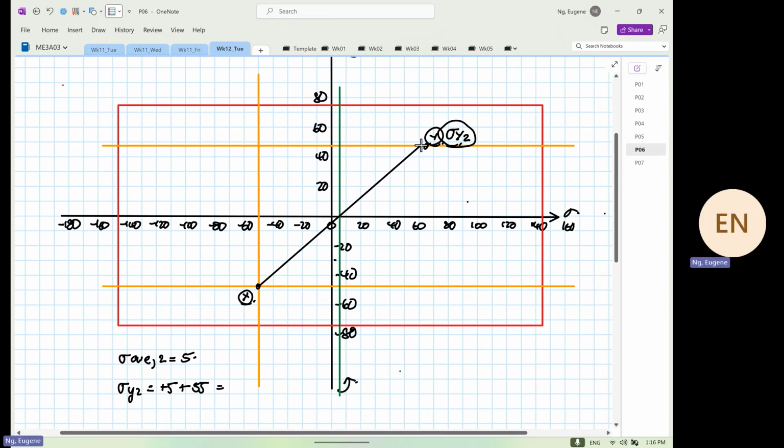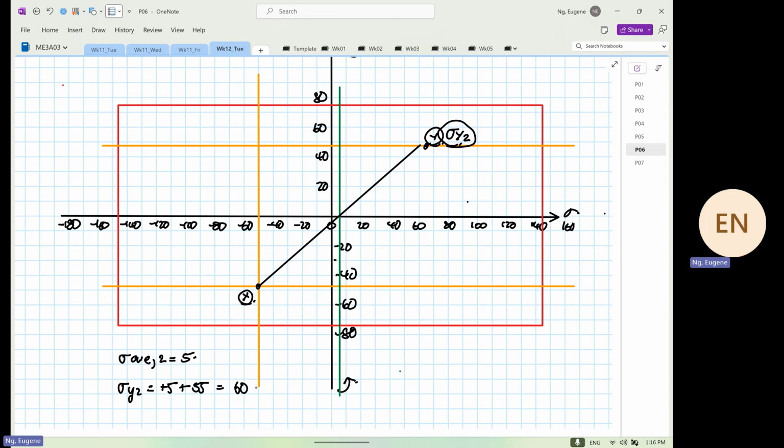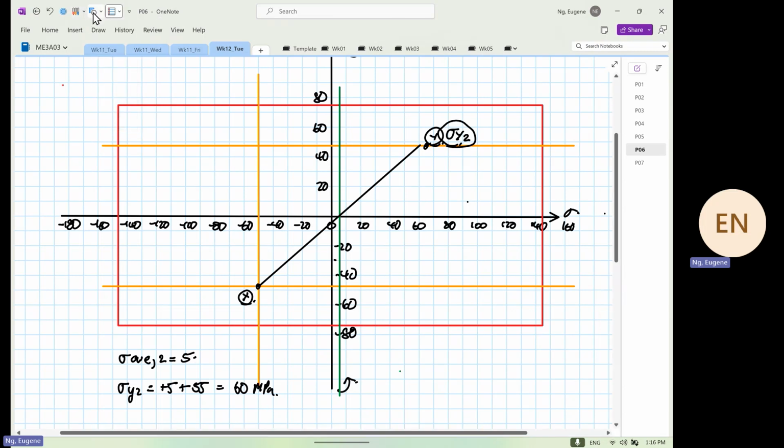Yeah, it can be on the 60 line because of scaling. Right. So once you get over here, this is our 60 megapascal. Then once again, we have to construct our 3D Mohr circle to ensure that this solution is possible.